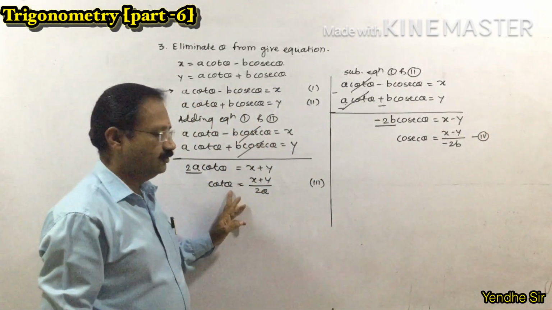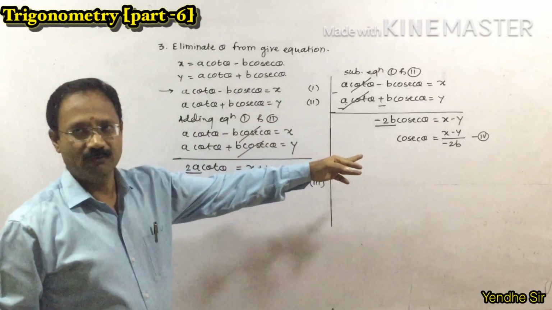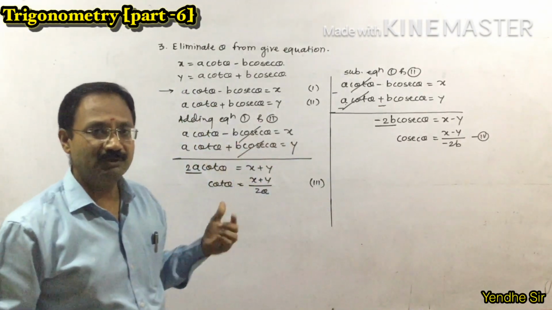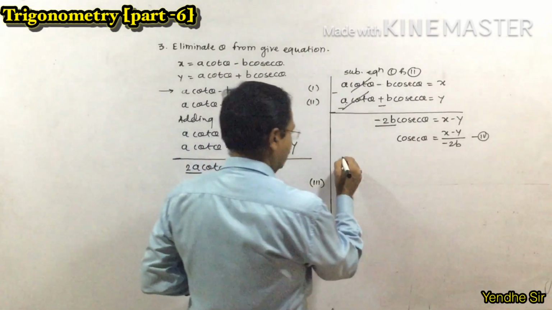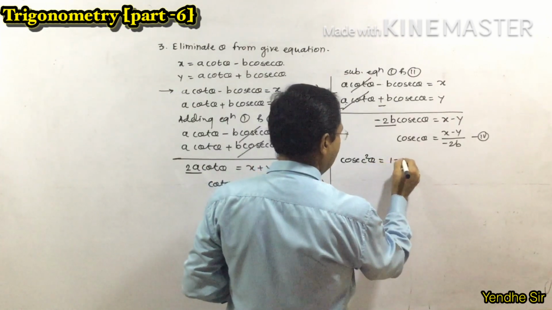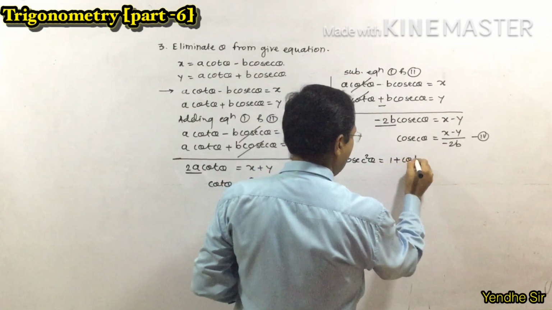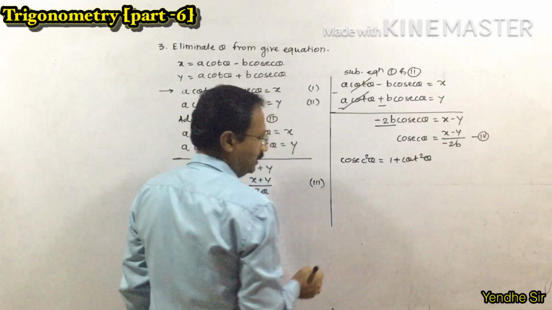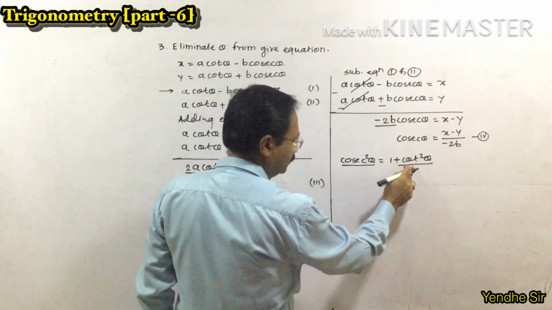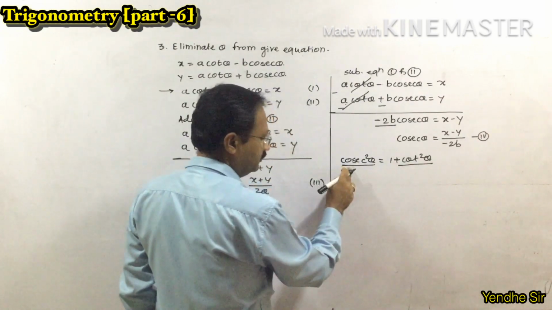Here I got the value of cot theta, here I got the value of cosec theta. So these are the identities we know. What is the relation between cosec and cot theta? Yes, cosec square theta equals 1 plus cot square theta. But I want to put in the values of these two, so cot will come on this side.